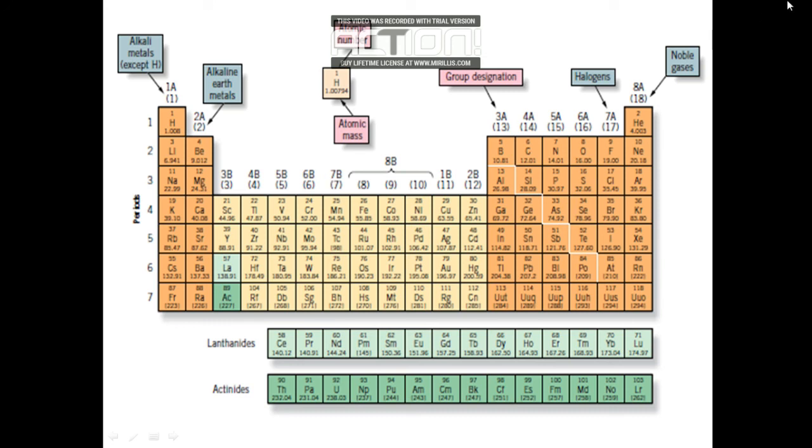Most metals have the common properties of being shiny, very dense, and having high melting point. Metals tend to be ductile. Ductile means it can be drawn out into thin wires, and malleable. Malleable means it can be hammered into thin sheets.